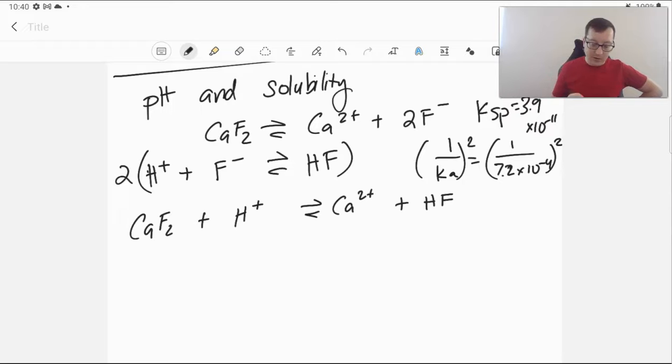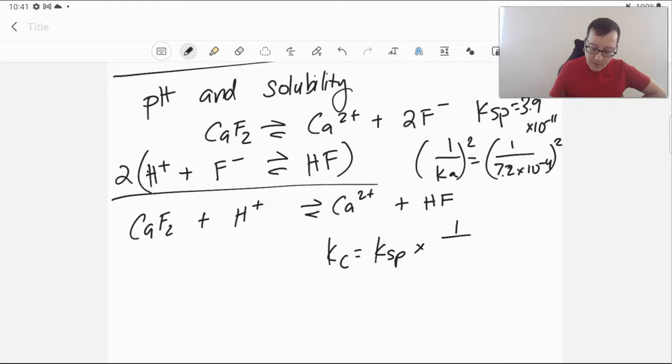And just like before, if we add the equations up, we need to multiply the K's for this. So our new equilibrium constant will be equal to Ksp times 1 over Ka squared, because we had to do the reverse reaction as well as multiplying it by 2.